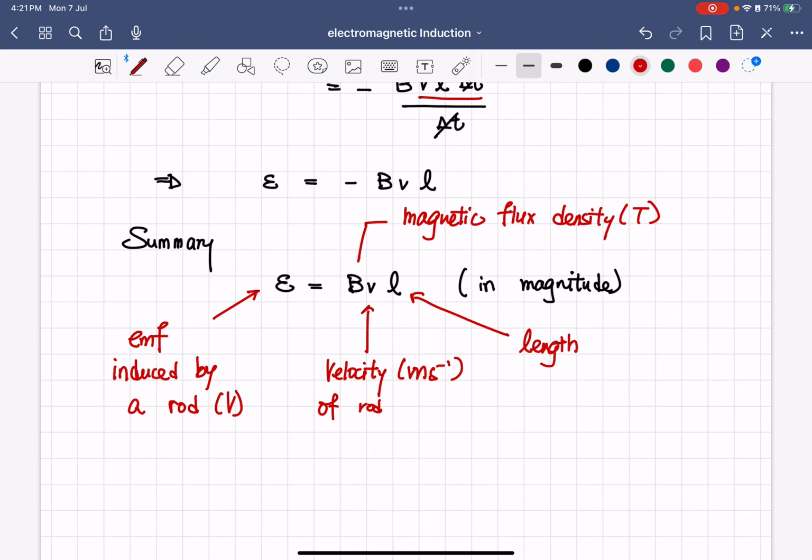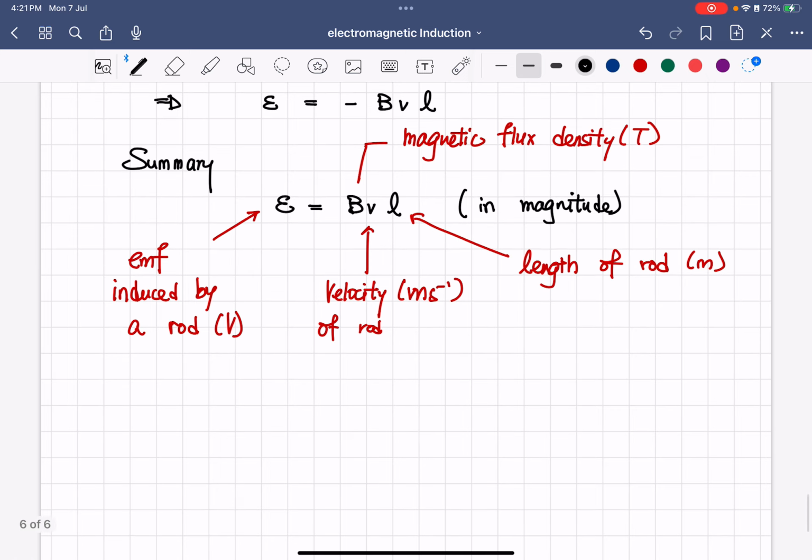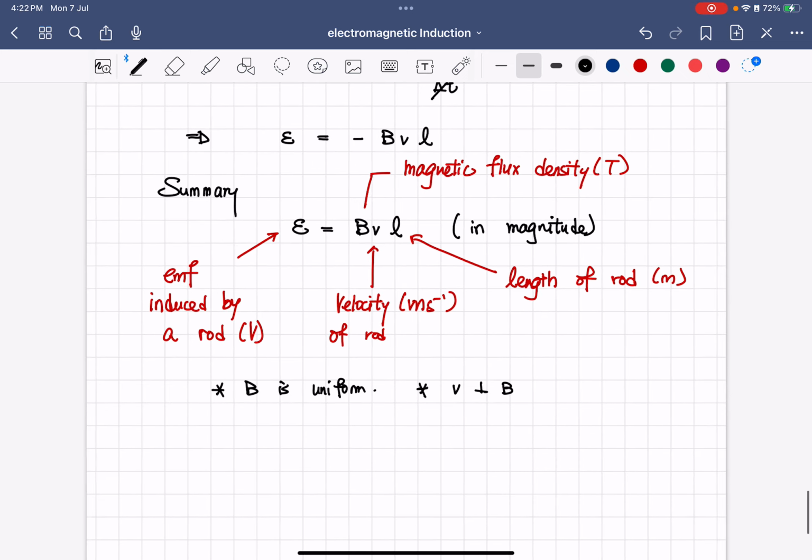There are some assumptions, of course. For example, we have assumed that the velocity of the rod is perpendicular to the direction of the magnetic flux density. Also, there is an assumption that the magnetic flux density is uniform. B is uniform, and V is perpendicular to B in this case. But that is usually the situation in the setup that we will be tested on in examination.